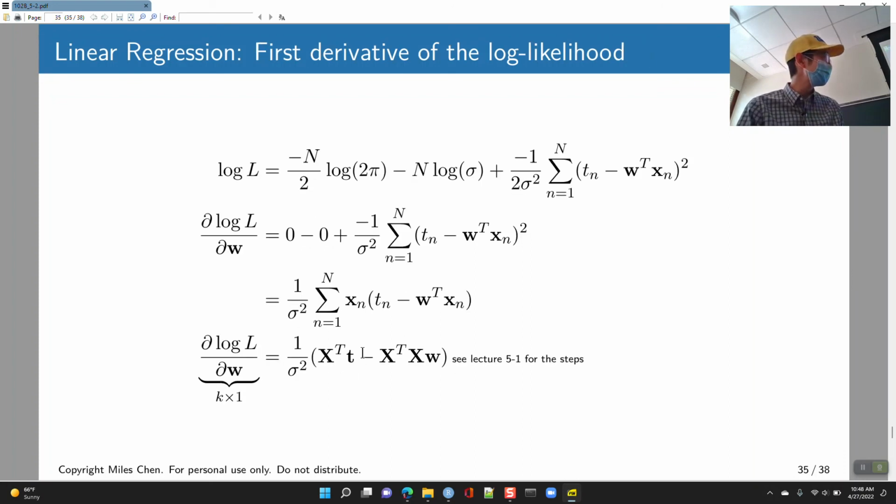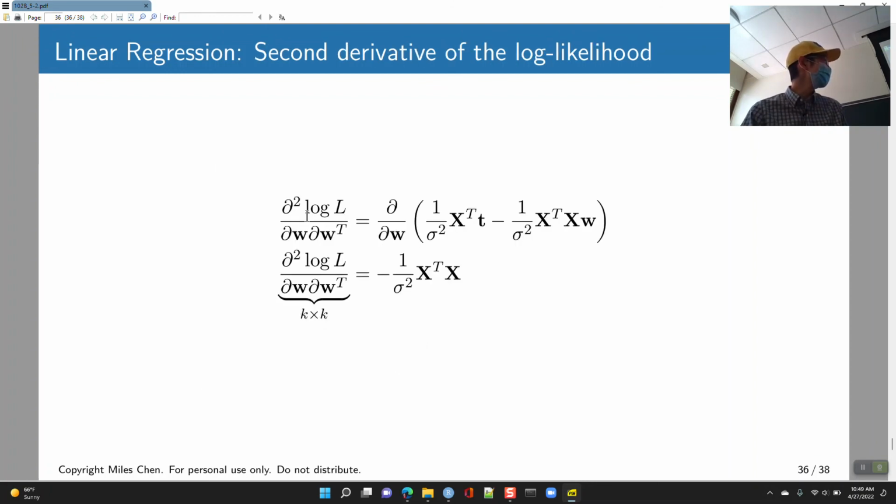I'm going to take this thing. I kind of skipped over the steps to get to this point. This is a vector, k by 1, and we want to take the gradient of this with respect to w, or calculate the Jacobian matrix of this vector, right? That would be equivalent to the Hessian matrix.